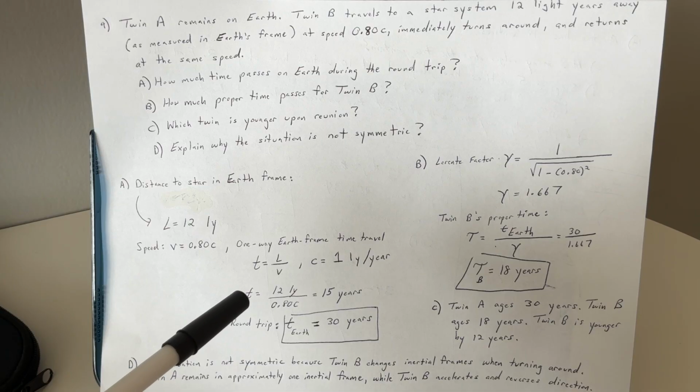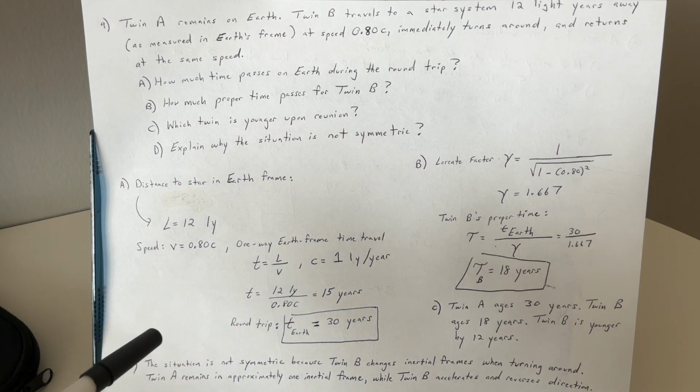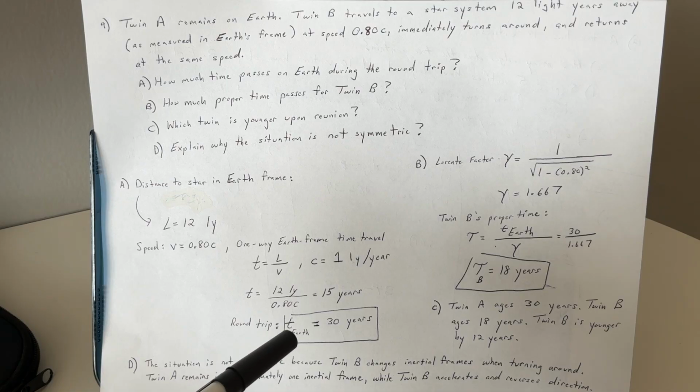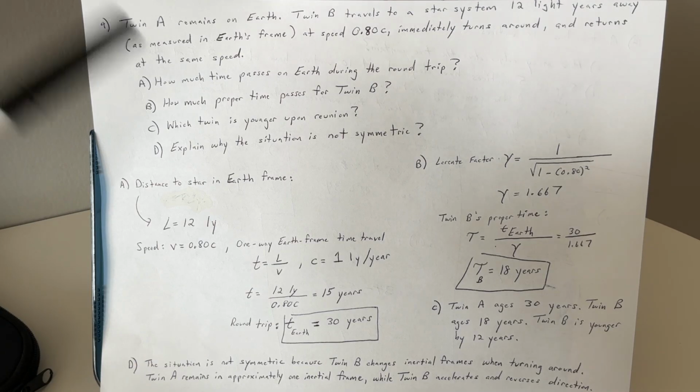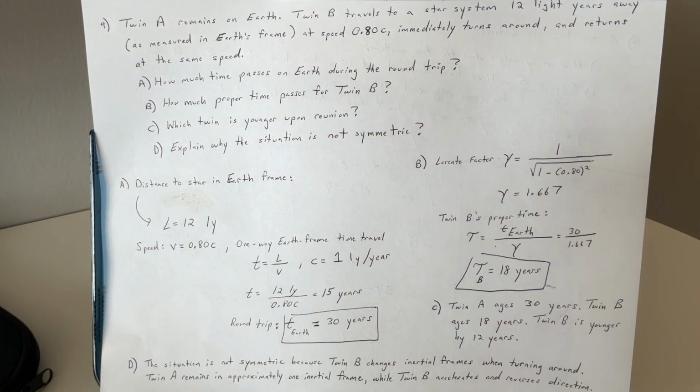That's 12 light years over 0.80 c, which is 15 years. So the round trip, T sub Earth, is going to be 30 years.